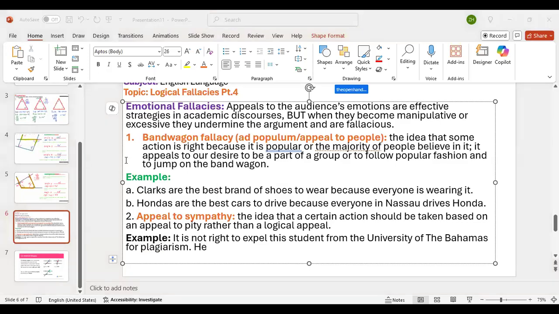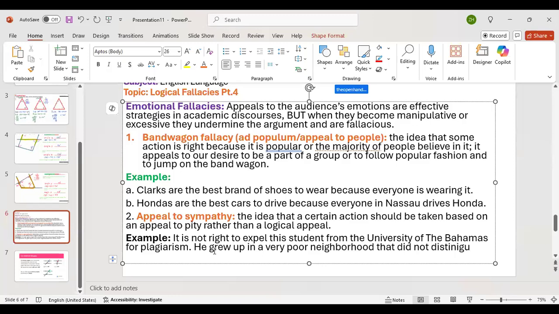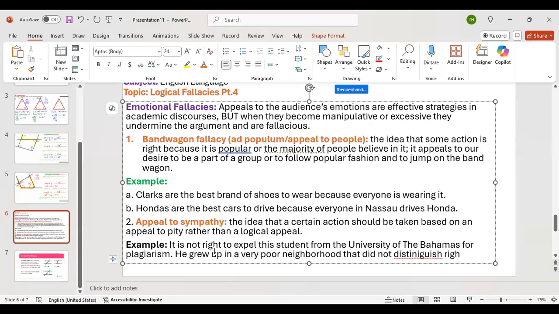So he grew up in a very poor neighborhood that did not distinguish right from wrong.